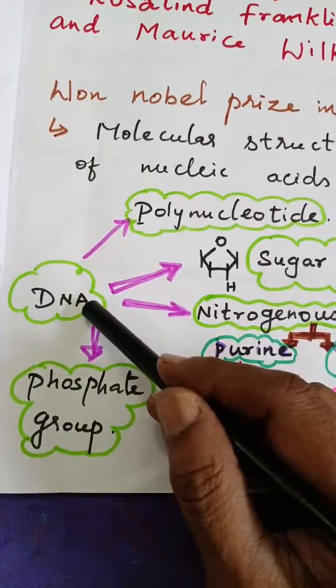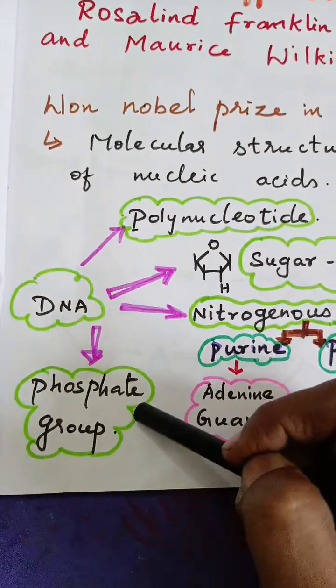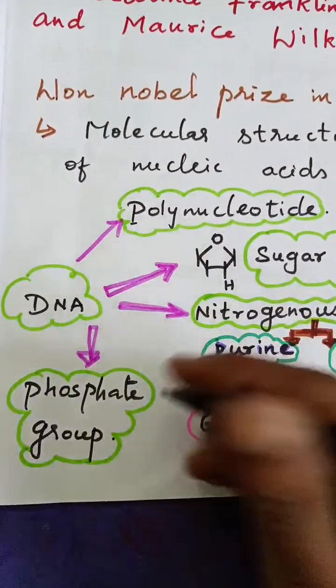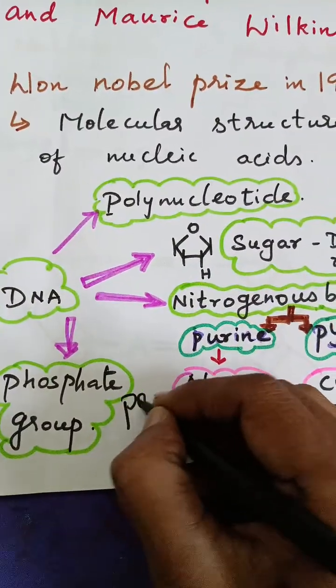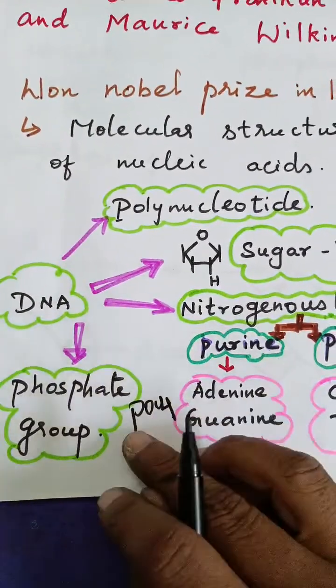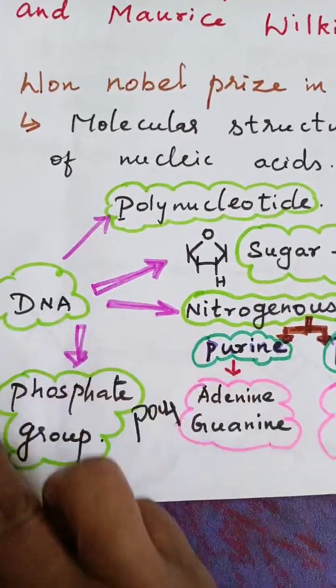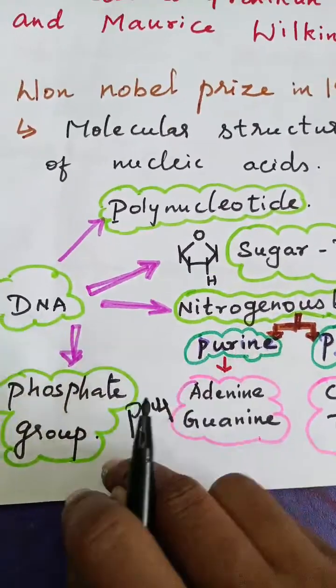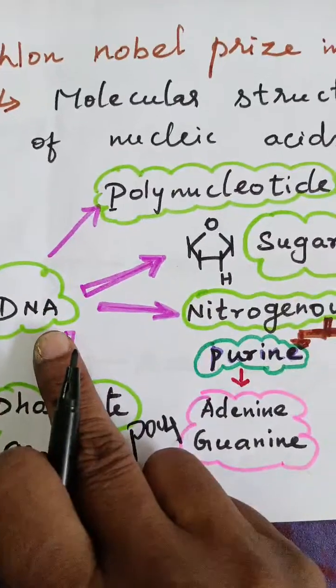In addition, the DNA also contains a phosphate group. I told you, the PO4 group. So this phosphate group is also present in the DNA structure.